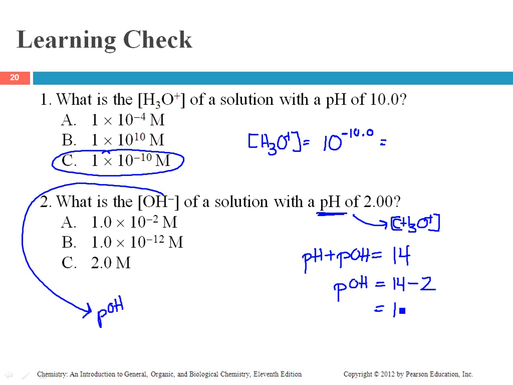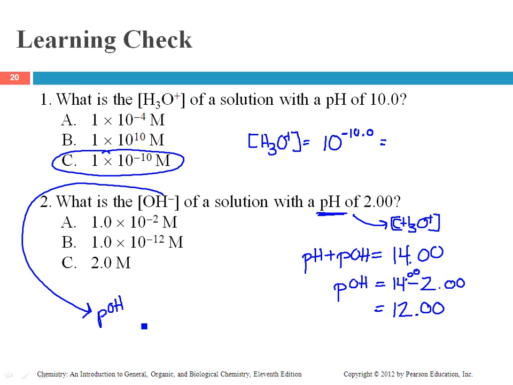My pOH is going to be 12. I apologize, the pH here should have been 2.00. So our pH is 2, so our pOH is 12. From this point, I can do the same thing.